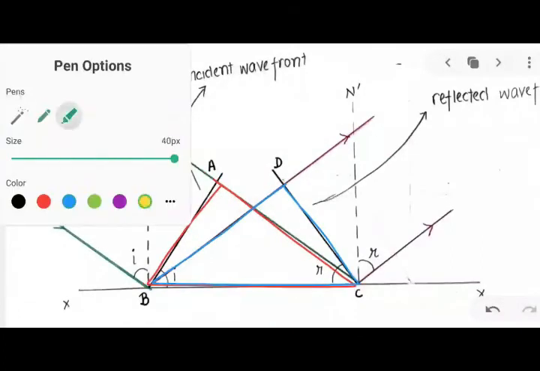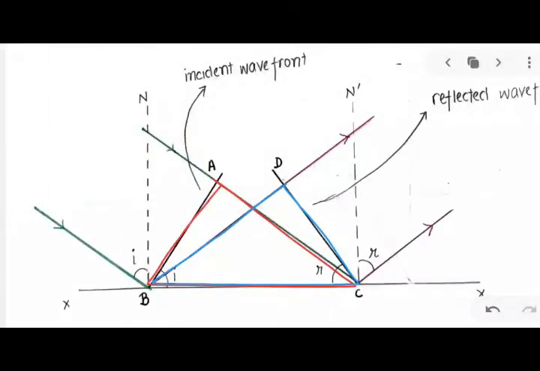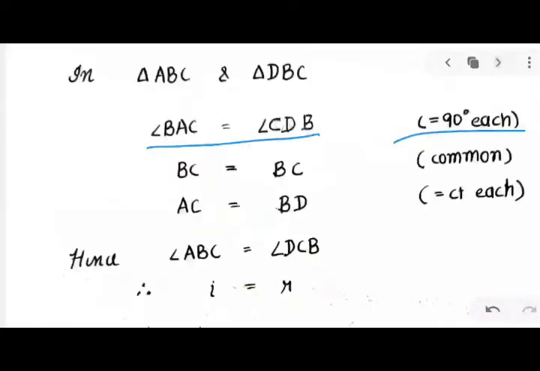Now consider your side BC. This side is common to your triangle ABC and your triangle BDC. So BC equals BC because they are common.